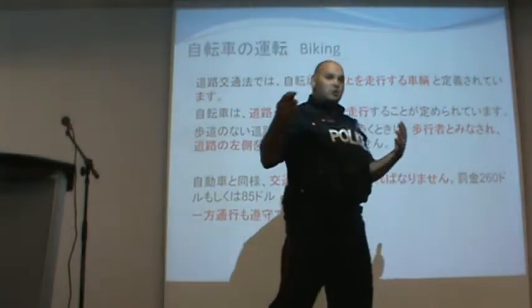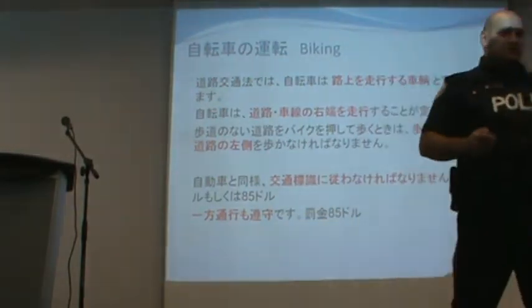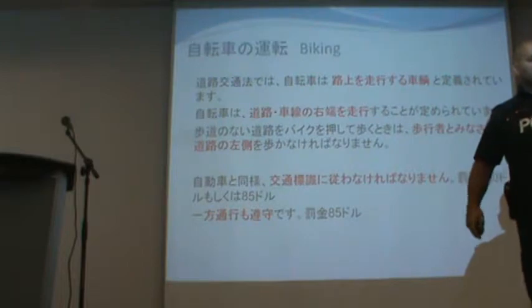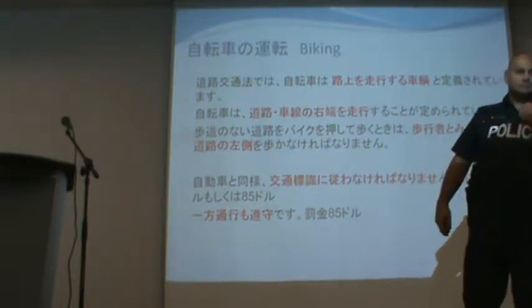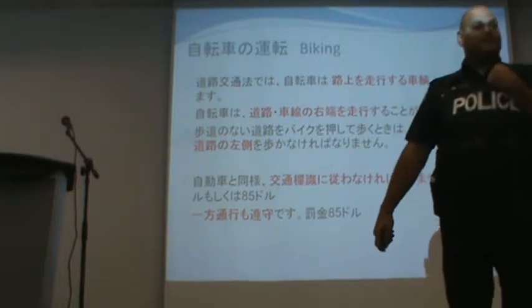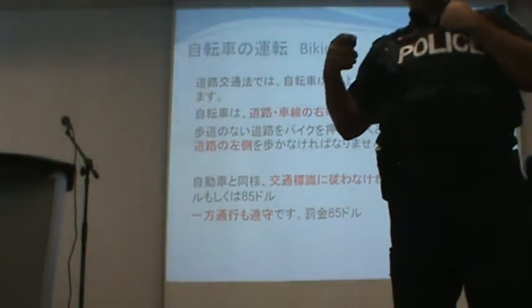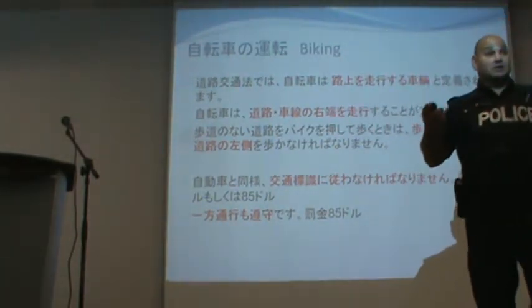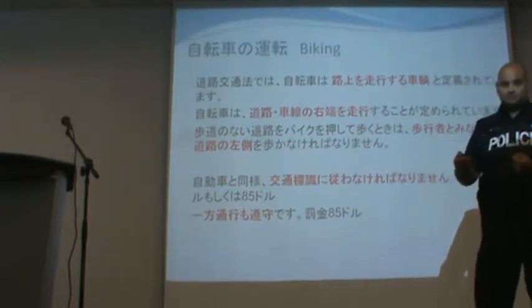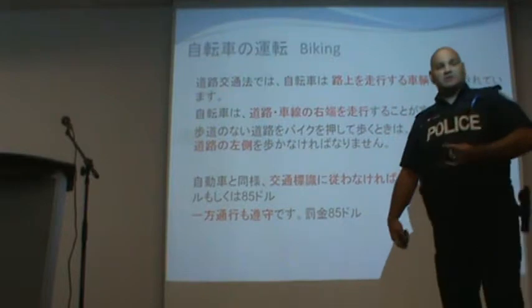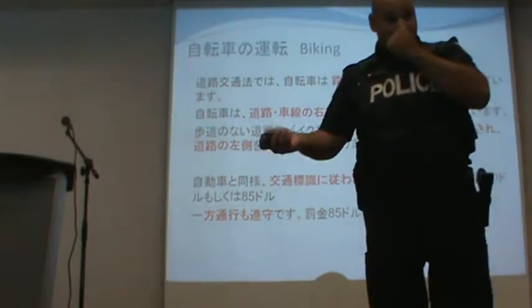So I've covered a lot of stuff with the driving of a motor vehicle. Do we have any people that ride a bike? Good. The same rules apply to cyclists. You must stop at the red lights and at the stop signs.